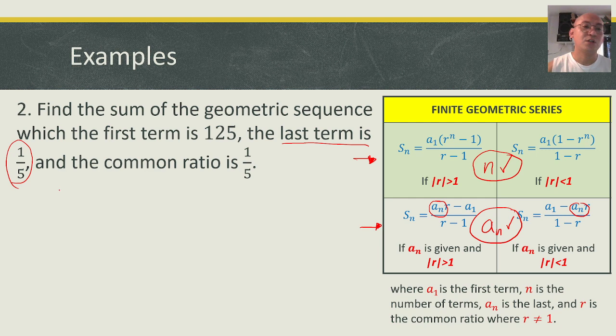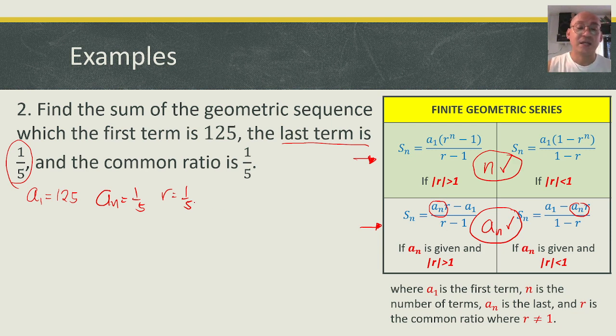Now, let us show first the given. Find the sum of the geometric sequence in which the first term is 125, the last term is 1/5, and the common ratio is 1/5. So we already know that we were going to use the second row formulas as the last term is given, but which of these two?